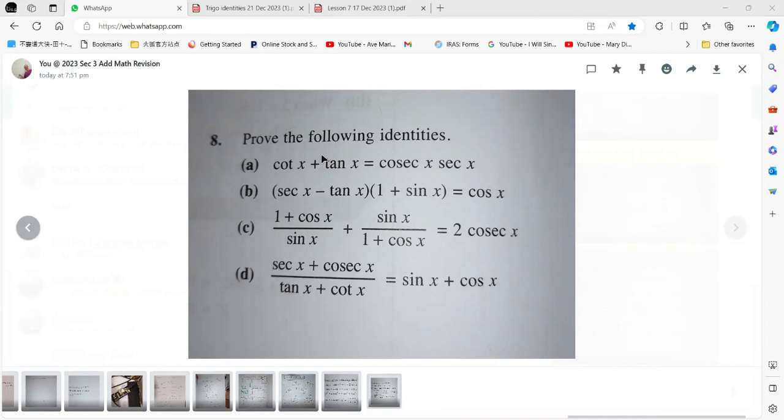Identity is so important because if you cannot do proving of identity, then you will affect your solving trigo equation because you need to simplify before you can get the answer. All right, I get you some double angle identity. Please continue doing your 8A to 8D. Let me know if you have any question, any difficulty with question 8A to D.